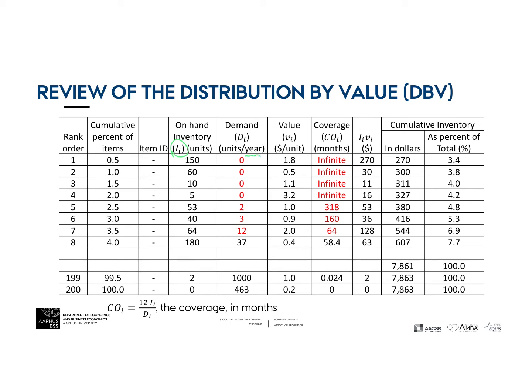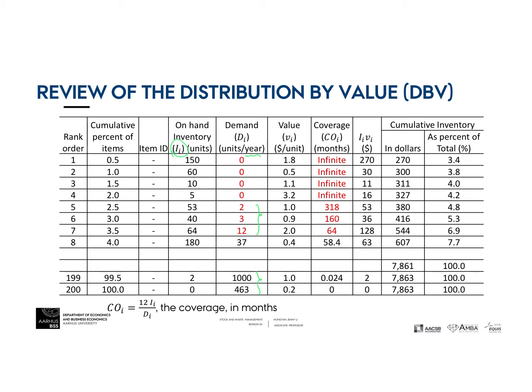Now we can see some items have never sold anything, at least in the past year. Some items, for example items 5, 6, 7, have relatively small sales. And at the bottom, you can see there are large sales.